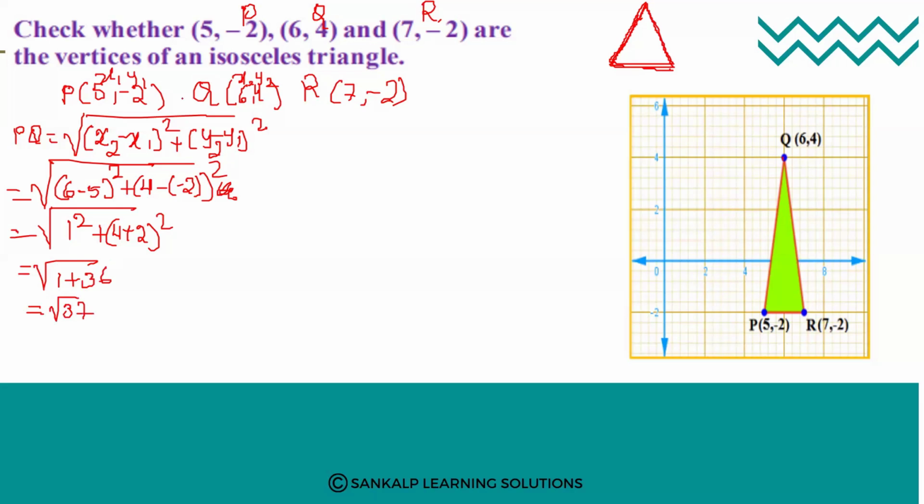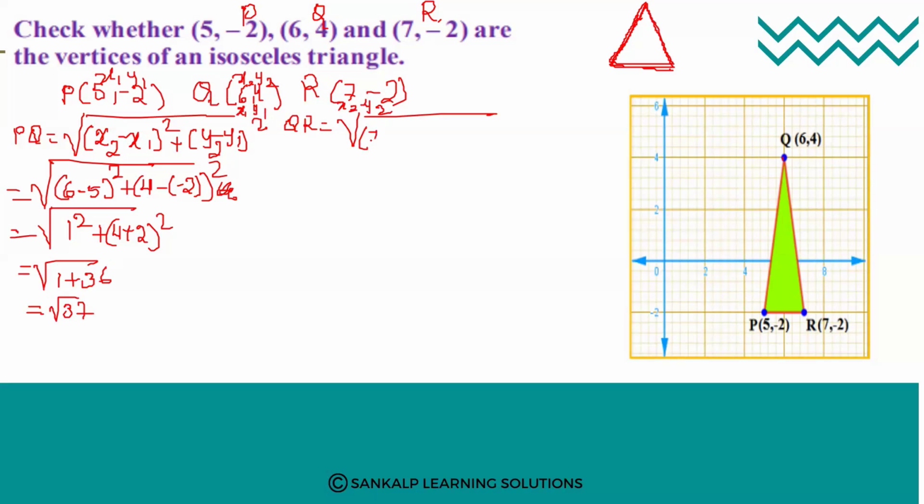Okay. Next, find out the distance QR. I am considering Q to R. Q to R means this is x1, y1 and this is x2, y2. Don't get confused with x1, y1 and x2, y2. If you consider it the other way, you will get the same answer.